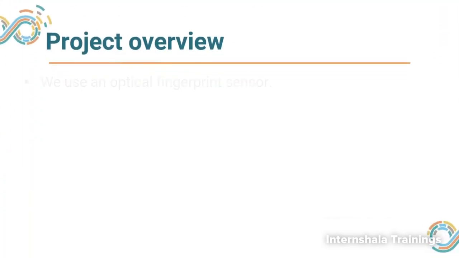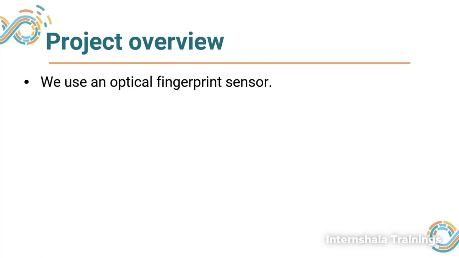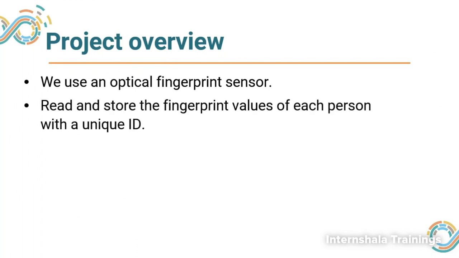So in this project, how do we work? We are going to use an optical fingerprint sensor. We are going to read the fingerprint values of every person and assign a unique ID. So if there are, let us say, 100 persons in an organization, we are going to store their individual fingerprint IDs with a unique ID given.